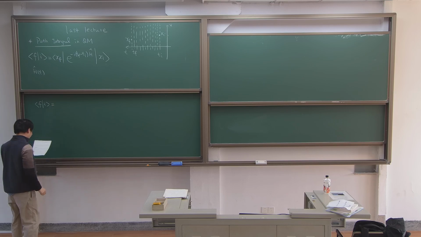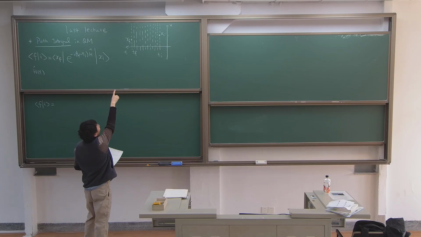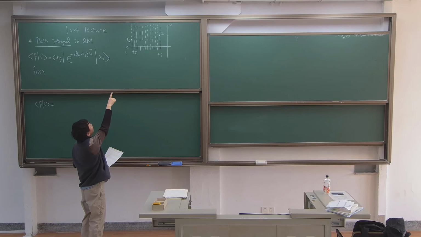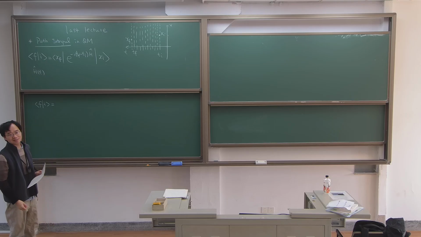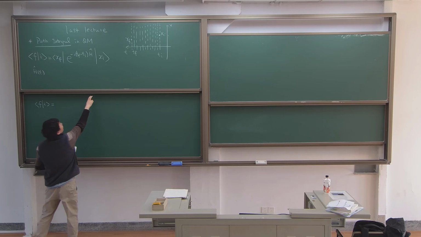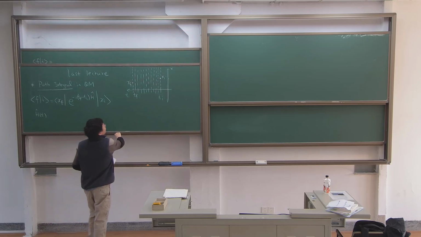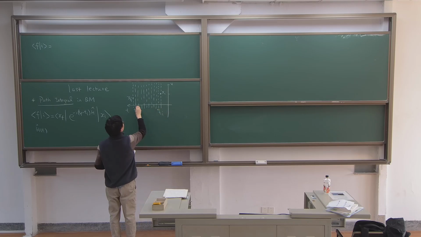What we can do is, for each dashed line, insert a complete set of X states. For example, I go from here, this is X1, this is T1, for example, and then this is Tn.